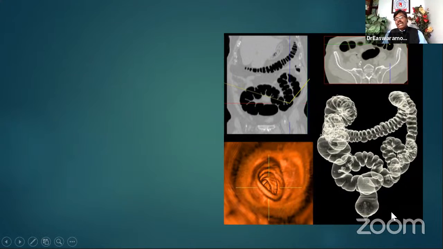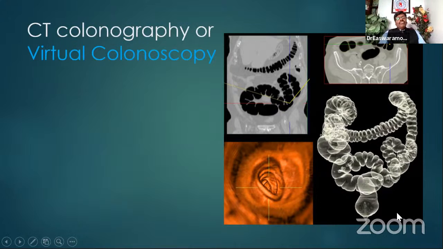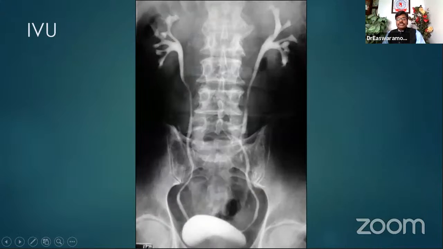This is done with the help of a CT. So this is called virtual colonoscopy. So CT colonography or virtual colonoscopy. It can show even a polyp of about 5 millimeters in diameter nicely, and early diagnosis is possible. These are all things we saw only last week.